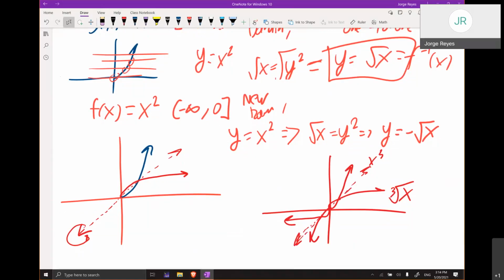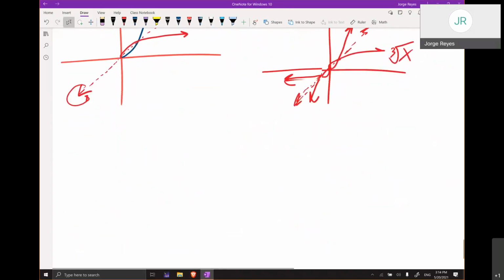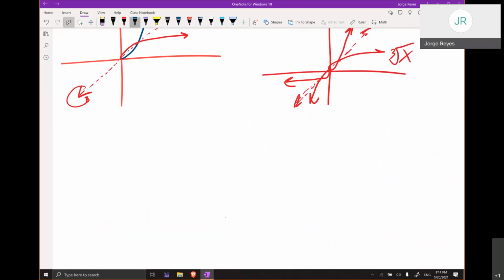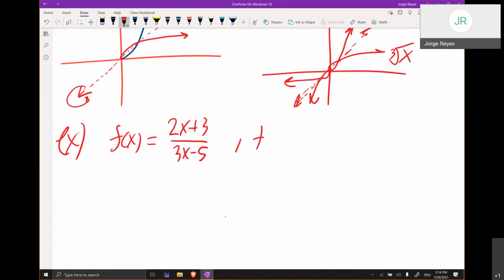All right. And then lastly, this may show up on your test, okay? Definitely not like a final, but if I have a function, okay, like 2x plus 3, 3x minus 5, right? And I find the inverse.